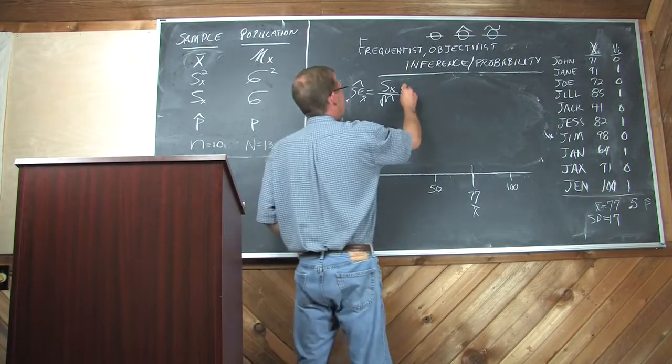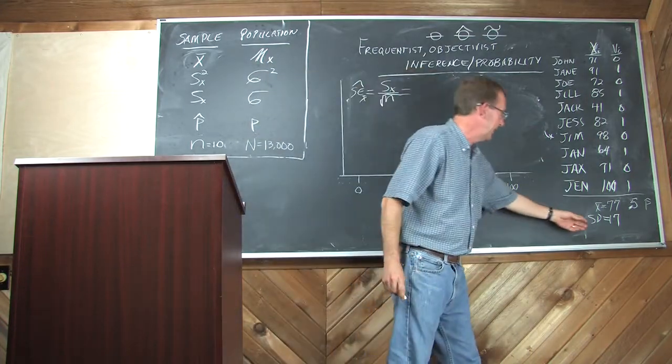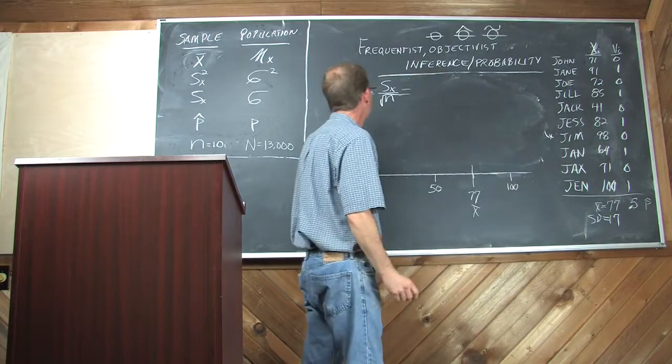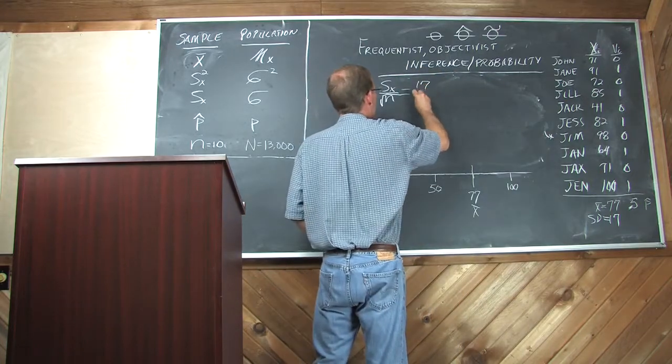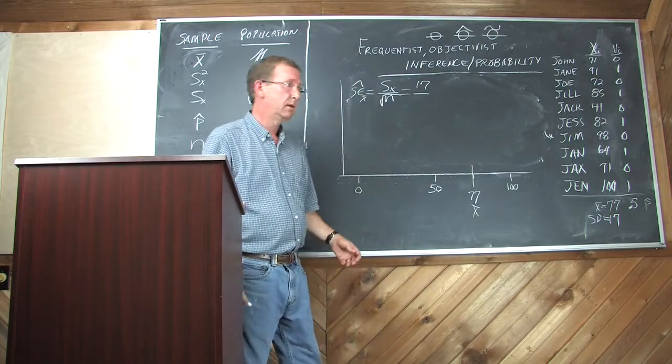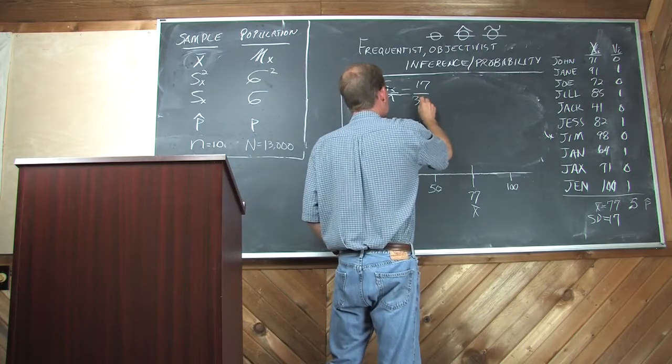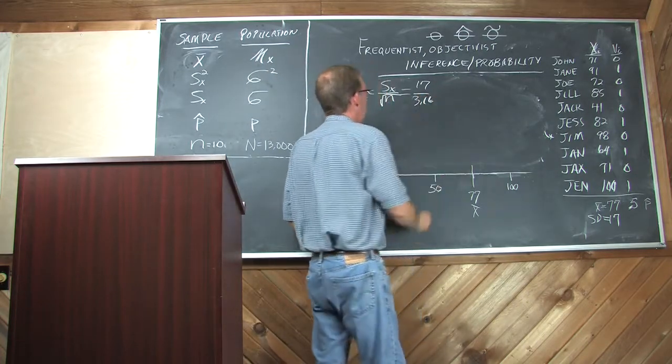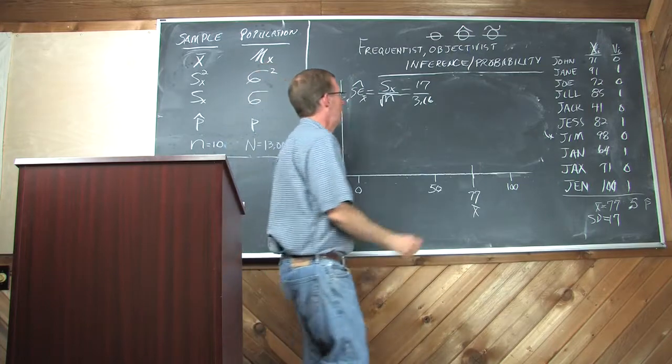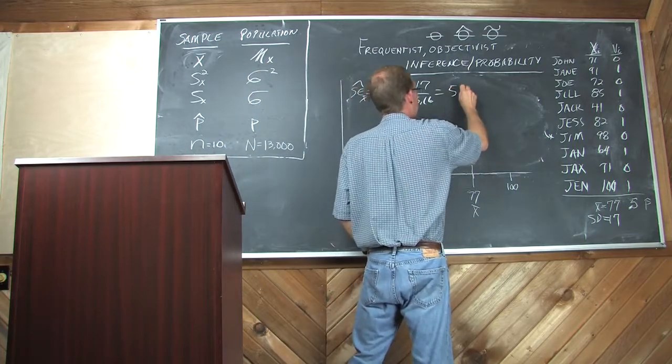So this is equal to, in our data, the standard deviation is 17. So it's 17 divided by the square root of 10, which is going to be about 3.16, equal to about 5.38.